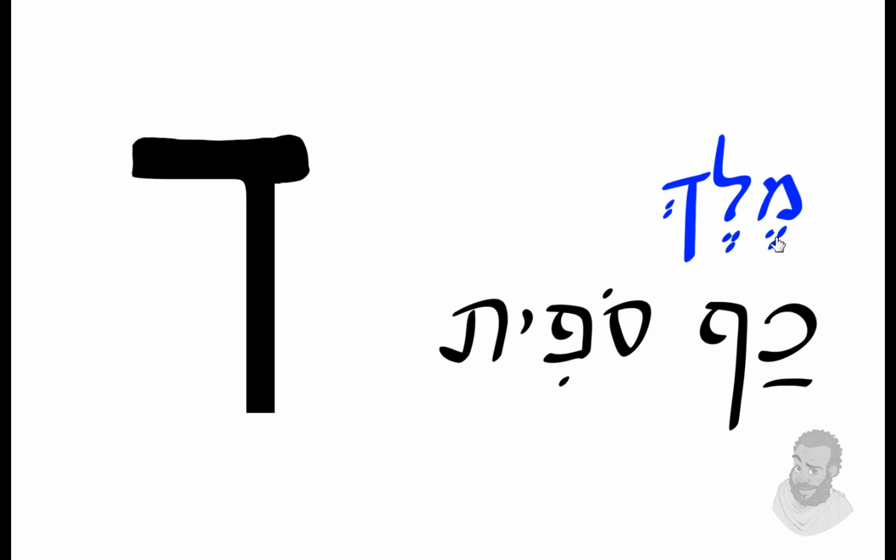Let's see here. We have this word, which is king. One of the few words for king. Okay? Melech. And notice I did not say melek. Melech. That's where the chaf sofit, you hear that.